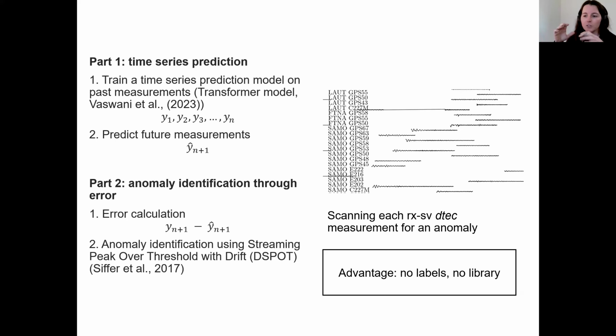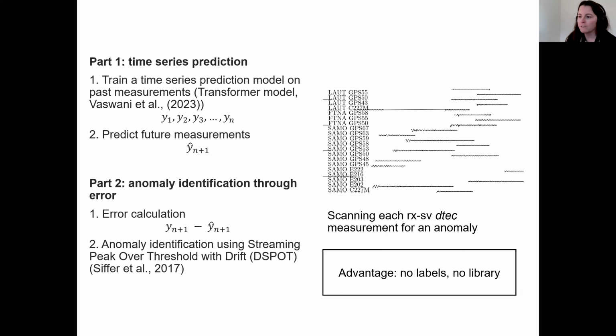With drift essentially means that this distribution is calculated over time. So if we start seeing larger and larger errors, theoretically the error threshold will move with that. It's not static in any way. We're not saying that if you see an error over one TEC unit, that's an anomaly. What we're saying is this is relative to what we're measuring in this window, so we want a threshold that moves with the change in the distribution of errors.